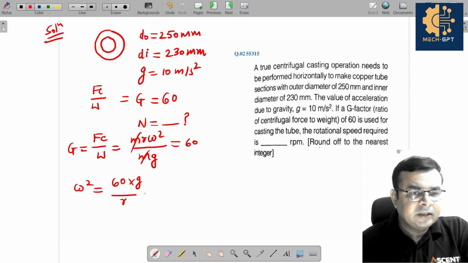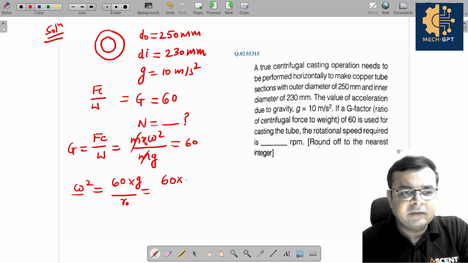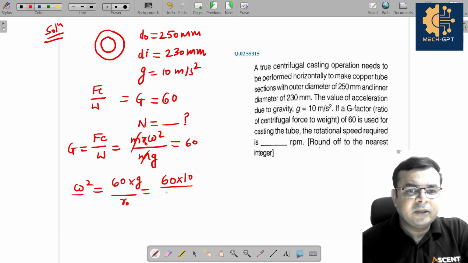So to calculate omega, here I am assuming the outer radius. So you get 60 into g, which is 10, over R naught, that is D naught by 2, equal to 250 by 2.